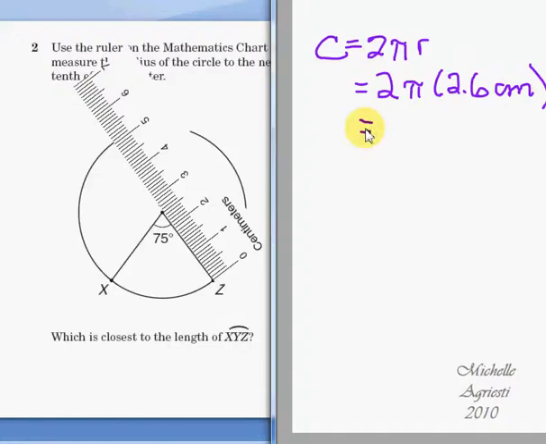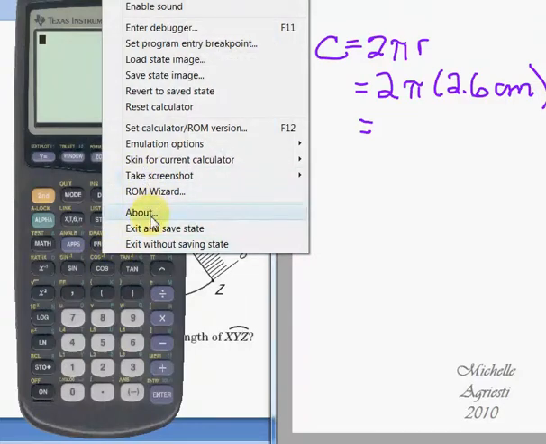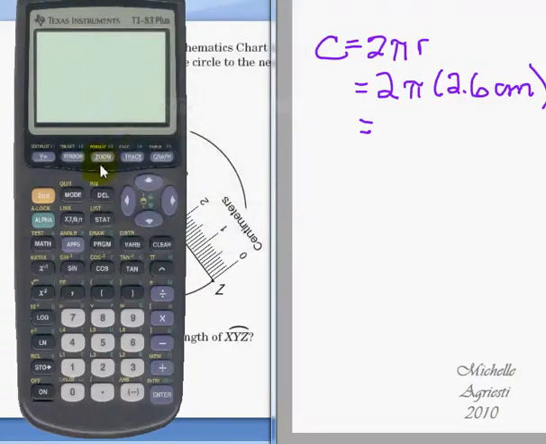We'll use the calculator to multiply this. Okay, so 2 times pi, and the pi button is right above the caret, so second pi times 2.6.